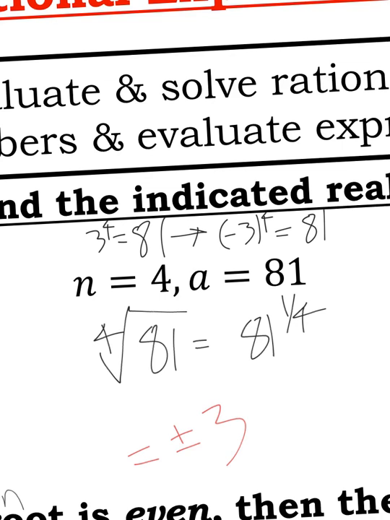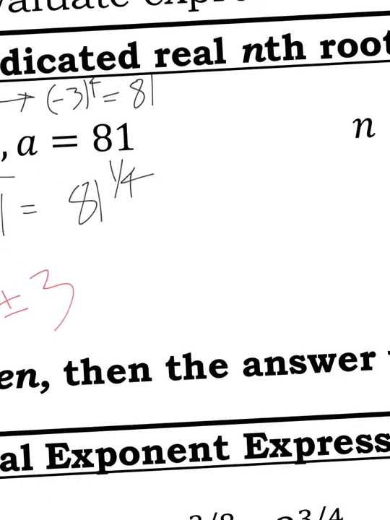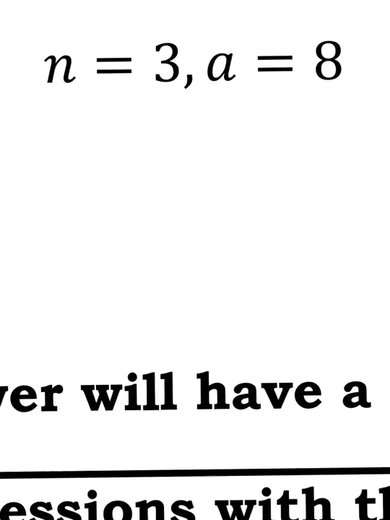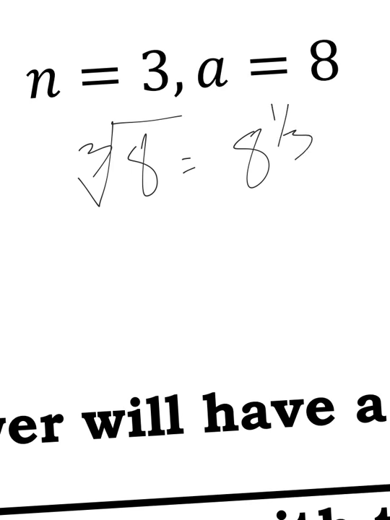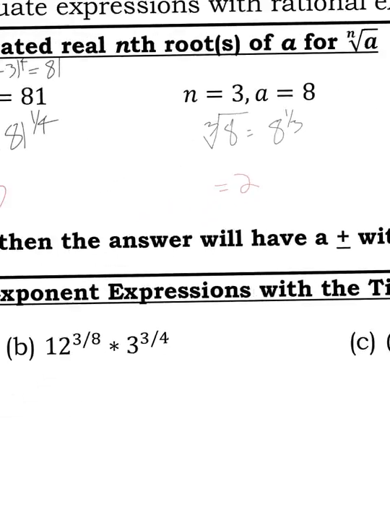But if you had an odd number of negatives when you're multiplying, they won't cancel each other out. So that's why you don't have to put the plus or minus with the odd exponents, or the odd roots, I should say. So the third root of 8 is 8 to the 1/3, and then that's just going to equal 2, okay? So that's it for that section.